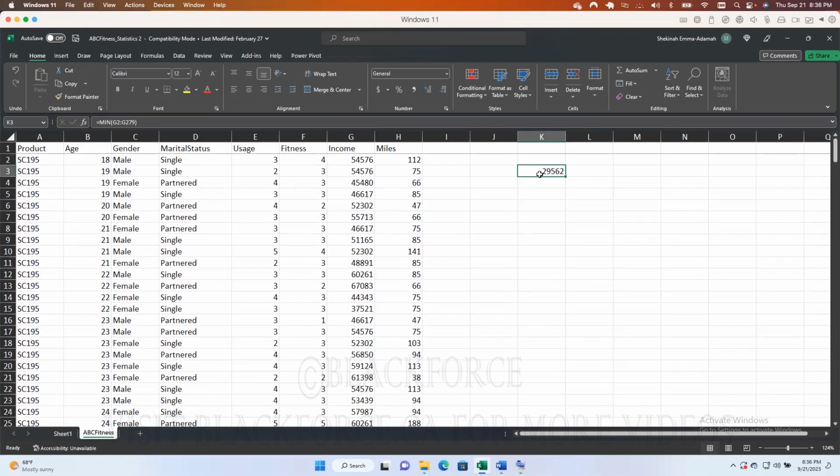So this is the minimum, right? Minimum income. Is that 331,000? How did you get 31,000? Do you want to share?